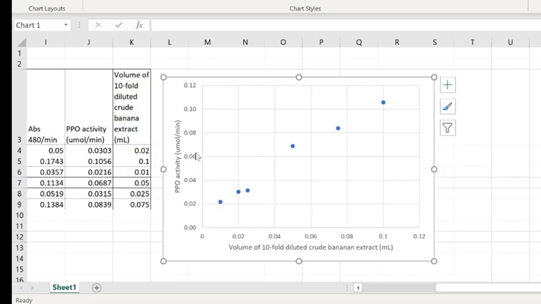And you can already imagine the trend line fitting very well through these data points. The question is, should this trend line go through 0? Because after all, if there's no banana extract, there's no PPO enzyme, so there shouldn't be any enzyme activity.